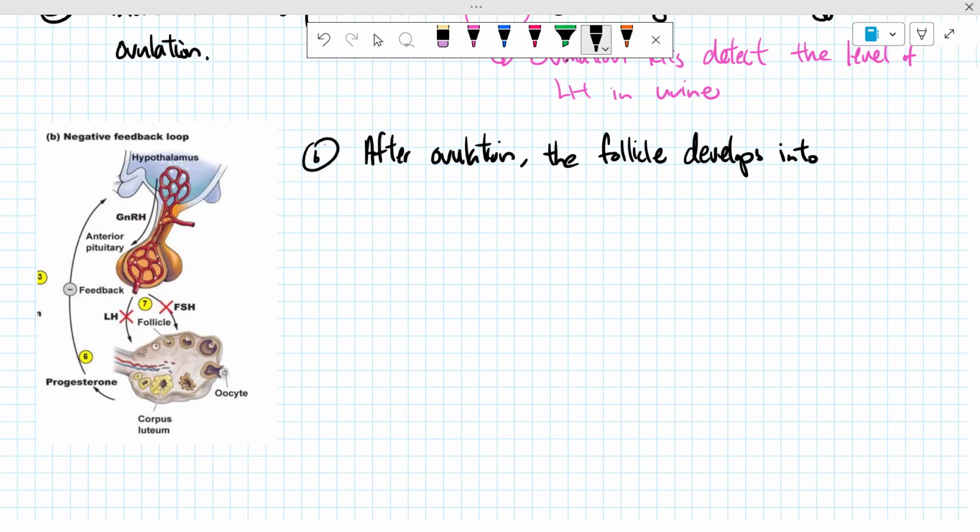Can you guys go back and check your notes? Like the leftover tissue. What do we call it? The corpus luteum. That's right. It develops into the corpus luteum.